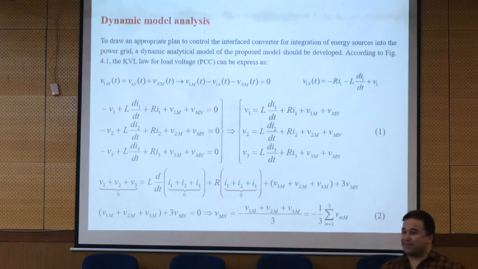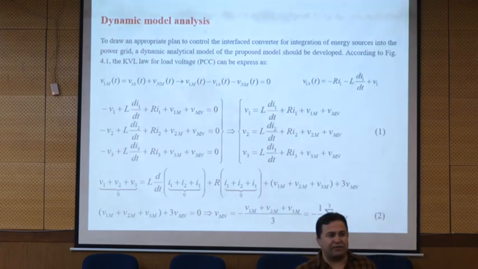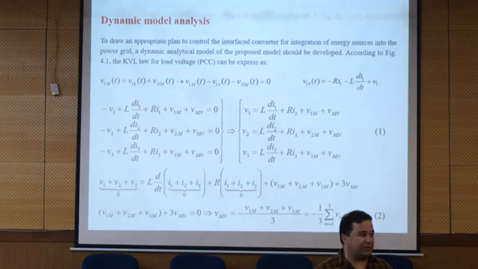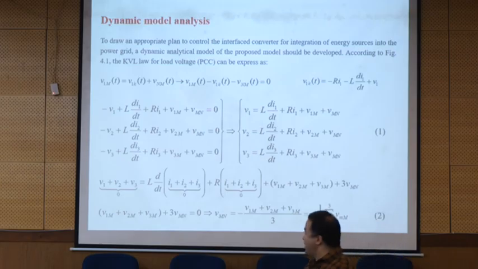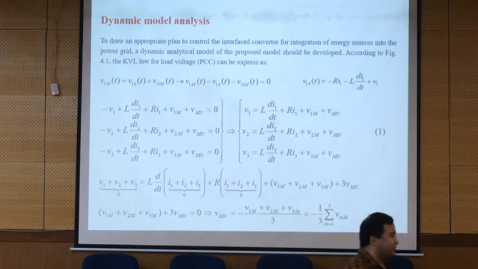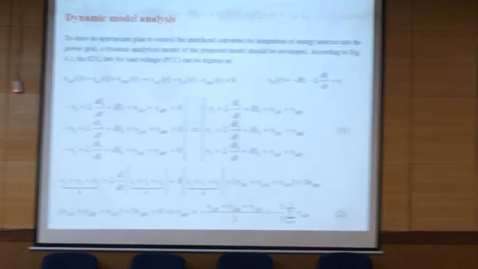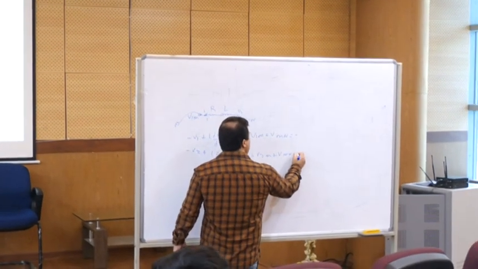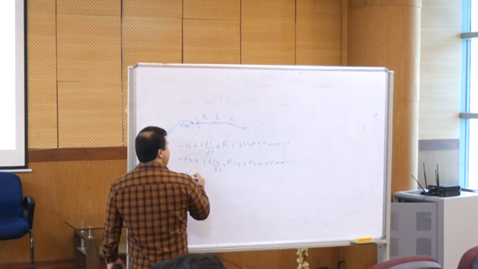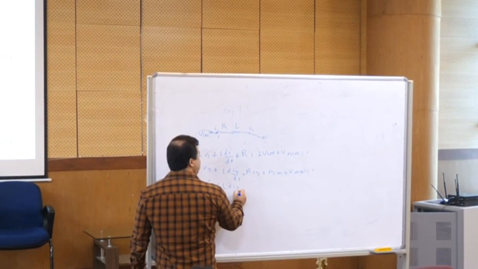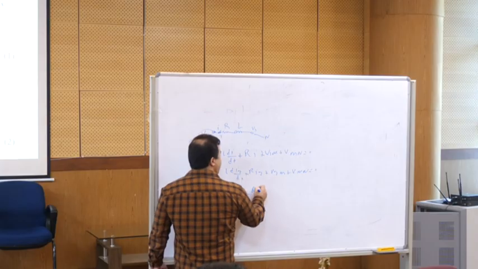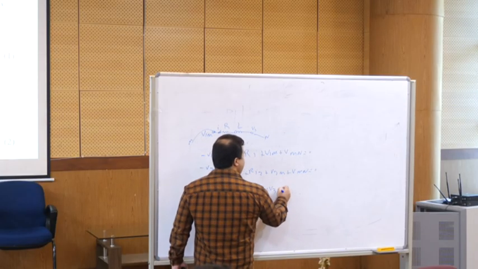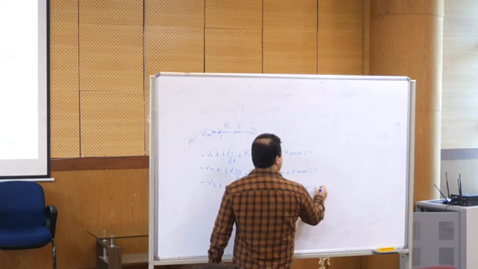Okay, so you see, it's nothing complicated. And if we get back to three-phase, we see that minus V2 plus L dI2/dt plus Ri2 plus V2m plus Vmn is equal to 0. Minus V3 plus L dI3/dt plus Ri3 plus V3m plus Vmn is equal to 0.